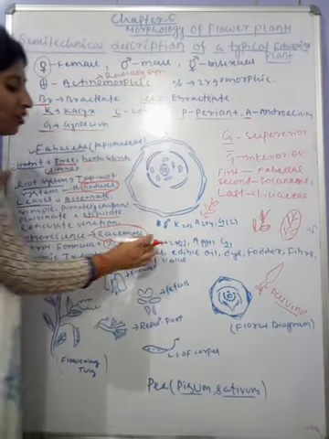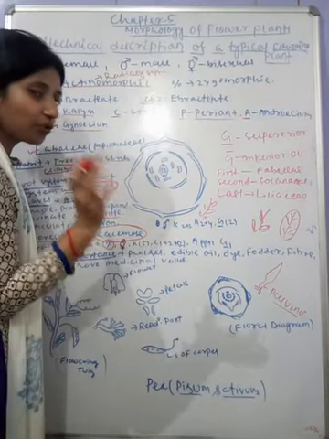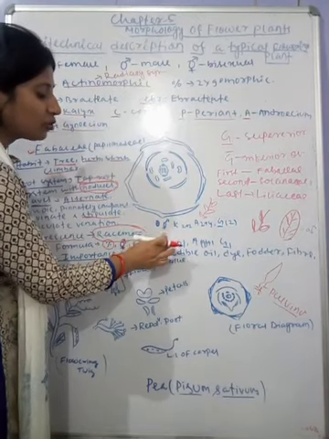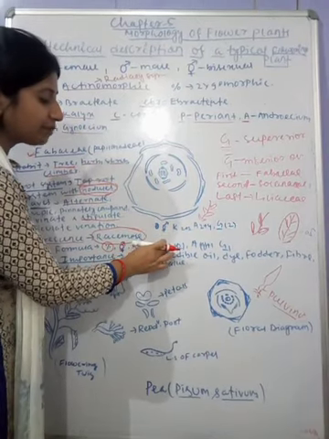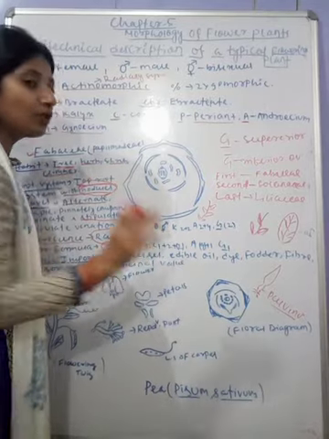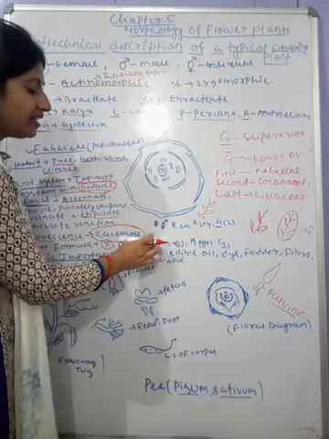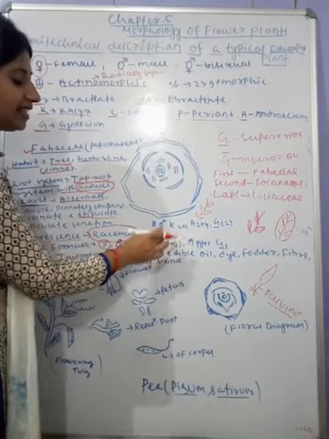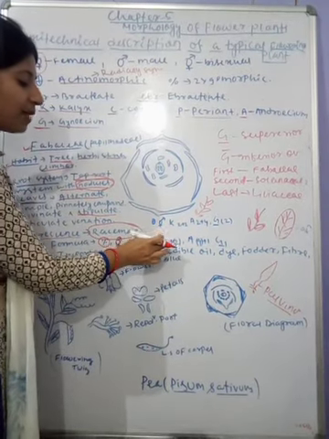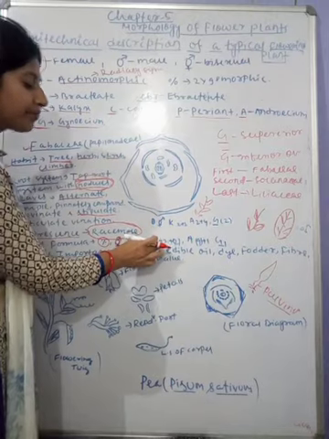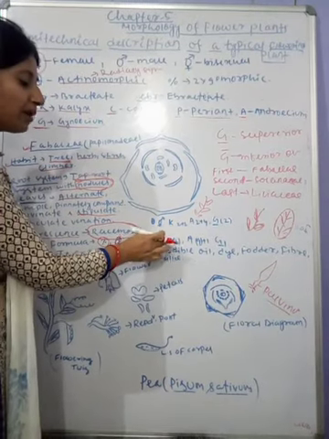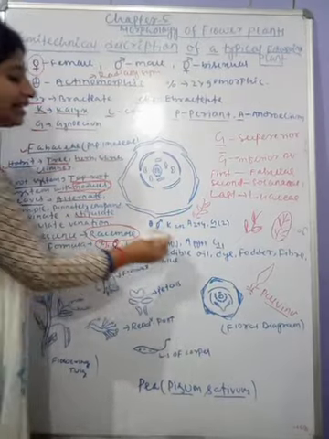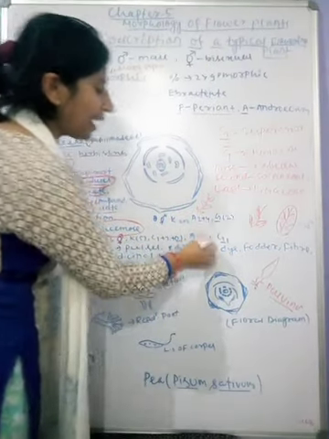Next corolla. Corolla is 5. Total number is 5, but 1 is free, 2 are free and separate from each other, and another 2 are joined. That's why C 1 plus 2 plus 2 in brackets. This is the number of petals, 5. 1 is free, 2 are also free from each other, and 2 are fused. Then its androecium, means male part.